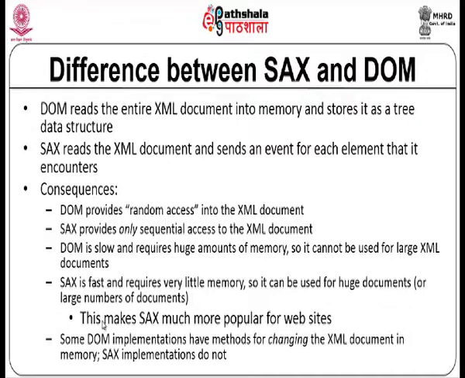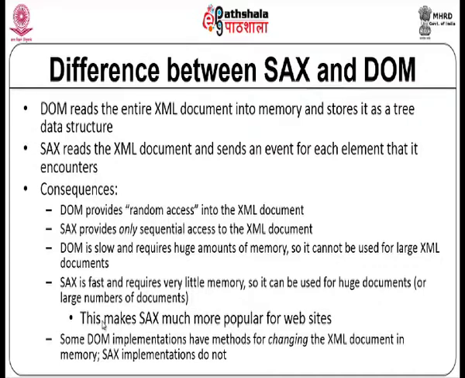DOM is called a random access protocol because it reads the XML document and stores it like a tree, so we can make random access to the document. SAX reads the document and sends an event for every element it encounters, so DOM provides random access, whereas SAX provides sequential access.